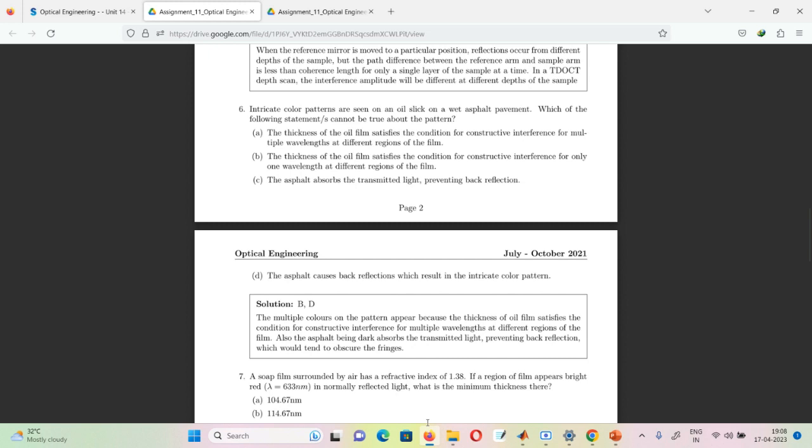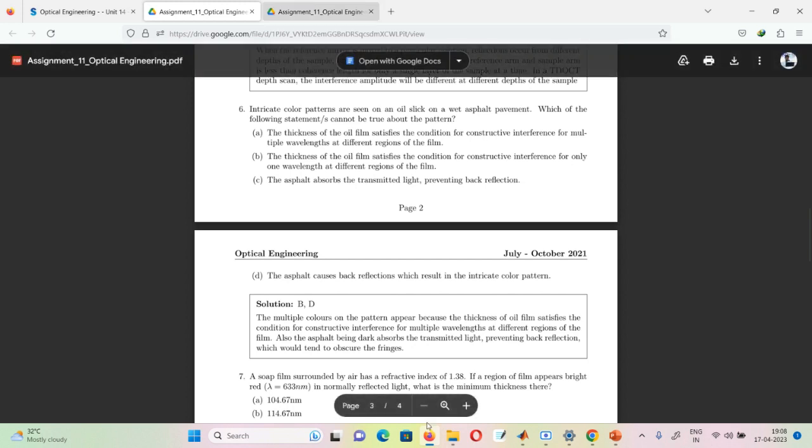So actually the condition for constructive interference is satisfied with different wavelengths at different positions. Next, the asphalt absorbs the transmitted light, preventing back reflection. That's actually true. Asphalt is the tar, and because of that tar, it will prevent the back reflection. So you don't want any back reflection.